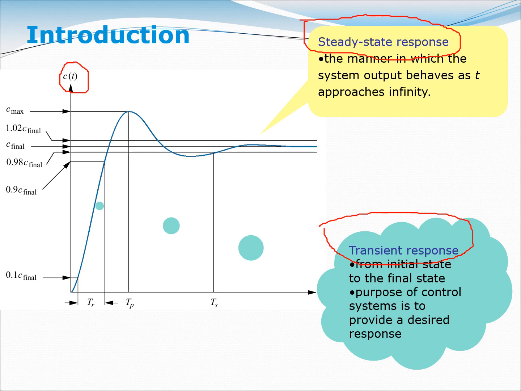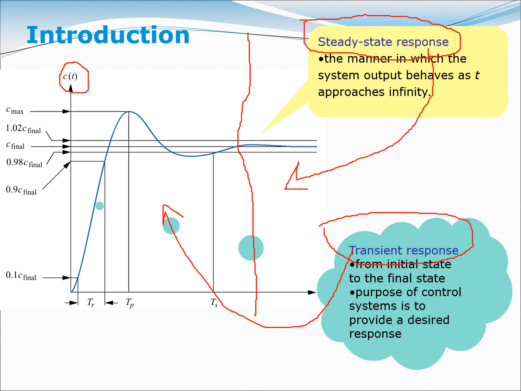So meaning that I can divide this output response into two parts. The transient part is according to this one, and the steady state part is according to this one. All right. So there are two parts of C of t.